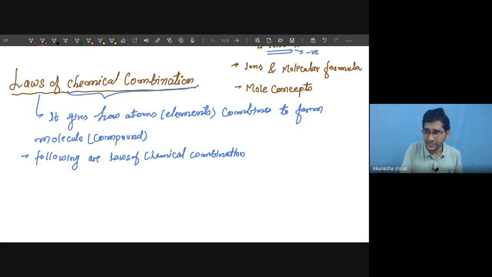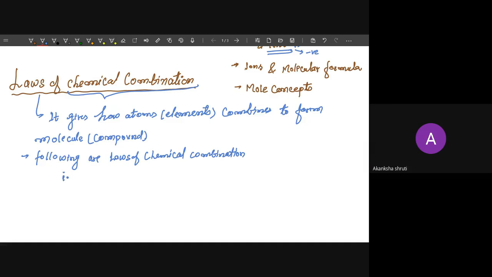The very first law is called the law of conservation of mass. What is this? We will learn in more detail.